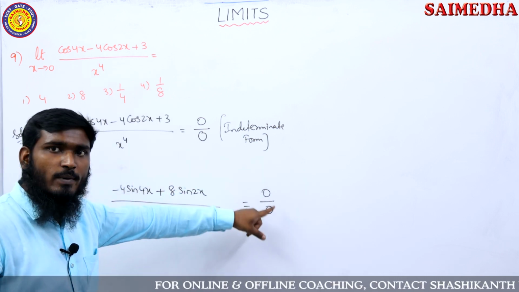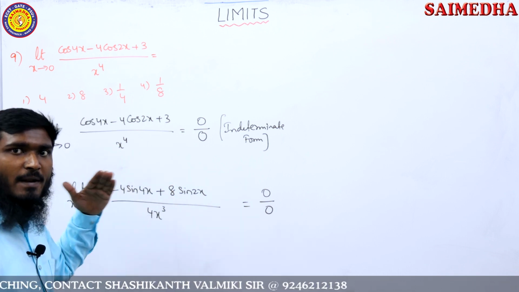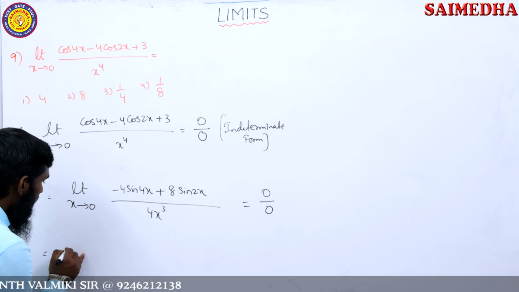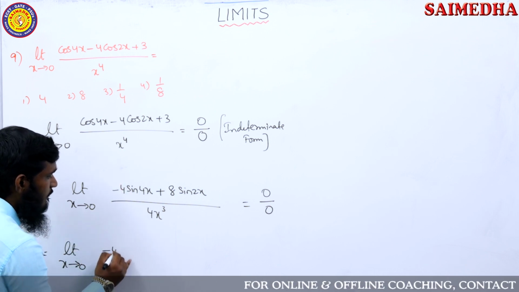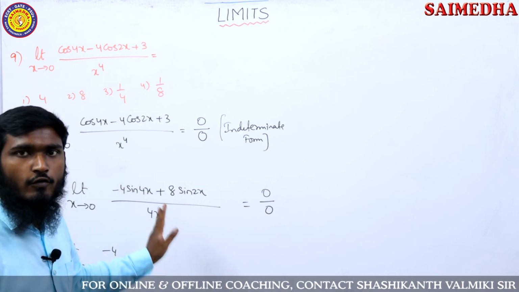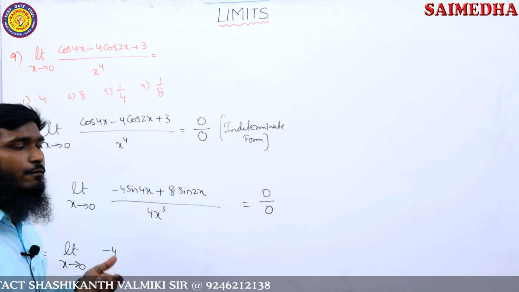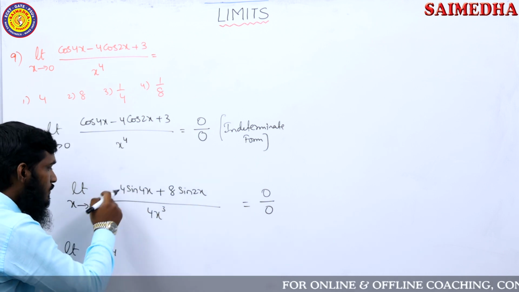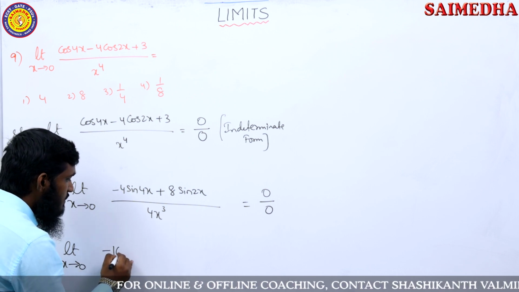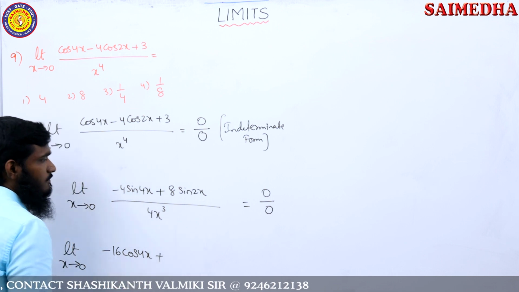Now if we get 0 by 0 indeterminate form, we again have to differentiate, apply the L'Hospital rule again. So it equals limit x tends to 0, this minus 4 we have written as it is. Now sine 4x is there. What is the formula? Sine 4x gives 4 cos 4x. So 4 4s are 16, this will be 16 cos 4x. Now plus.